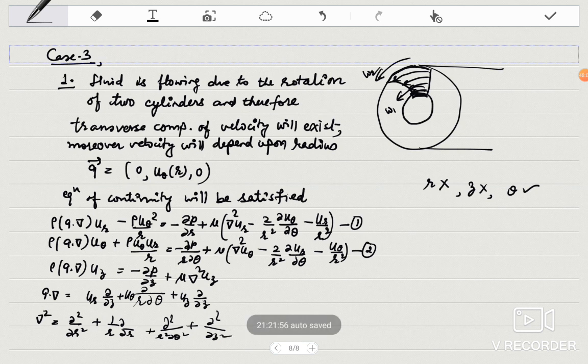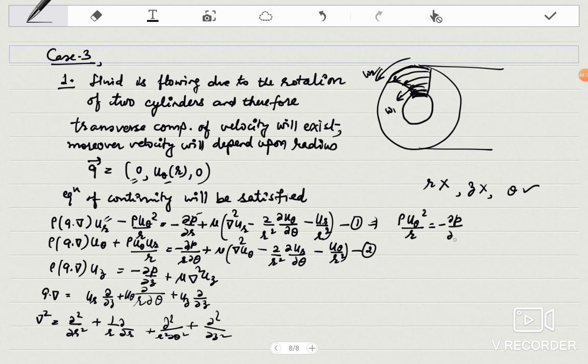Now in the light of q dot delta and delta square, from equation 1, ur is 0 and u theta is this much, so this equation implies rho u theta square upon r is minus delta p delta r.